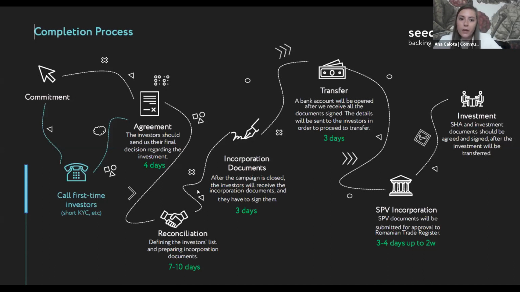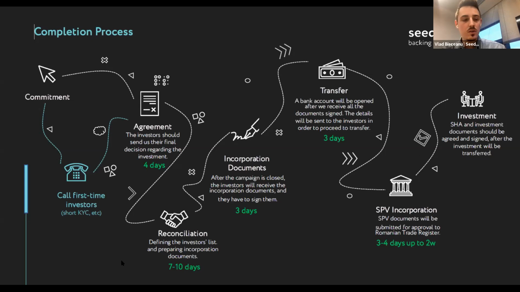Regarding the legal frame for the SPV, usually we incorporate a Romanian company that has the purpose of making the investment in a company. It's a large framework, but we are trying our best to be compliant with all the regulation, also regarding crowdfunding and Romanian law.